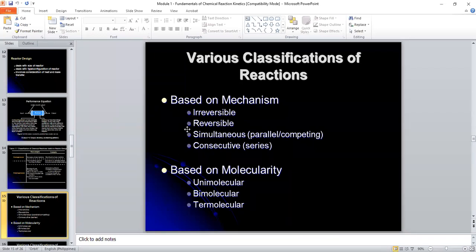Now, it's a little bit complicated when we take into consideration the reversibility of basically all reactions. It was discussed in your Chemistry 1 that basically all reactions are reversible in nature. They just become irreversible when the rate in a particular direction, let's say the forward direction or reverse direction, dominates or is a lot greater than the other one.